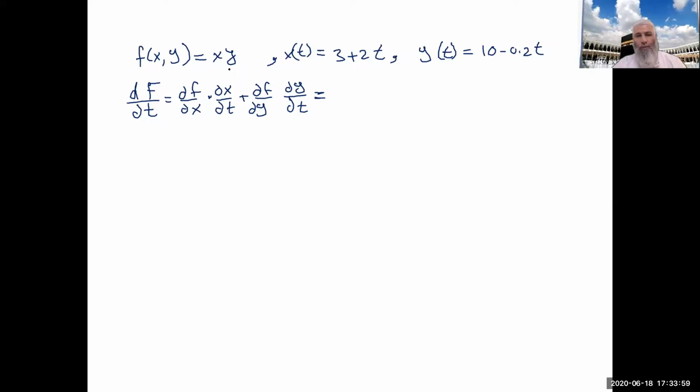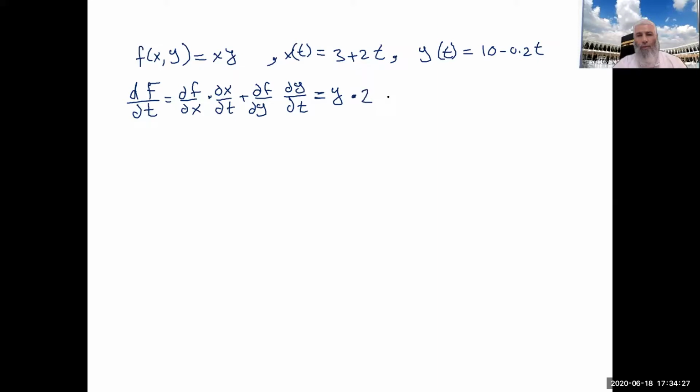From here it's just y. Y multiply dx, dt. From here with respect to x, yes. With respect to dt, then it's 3 plus... no, the derivative of 3 is 0, so it would be just 2.